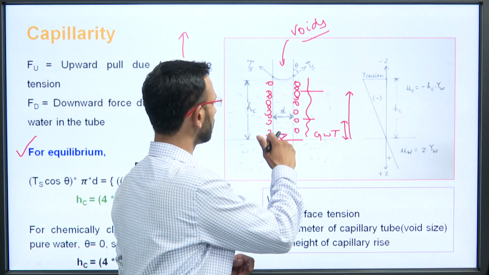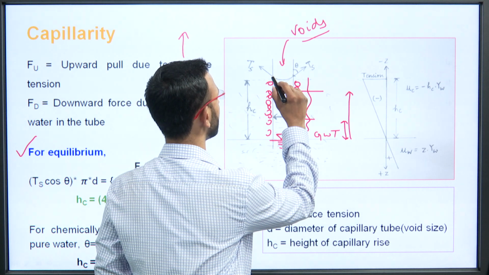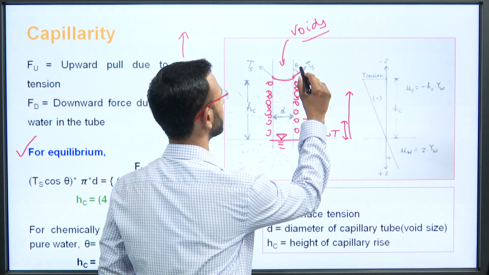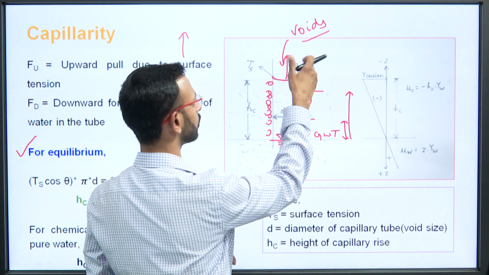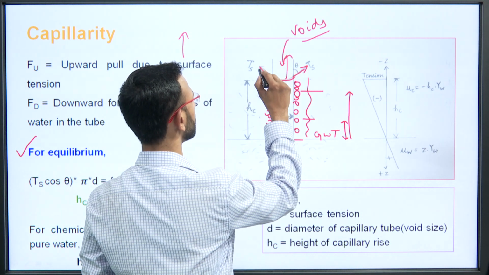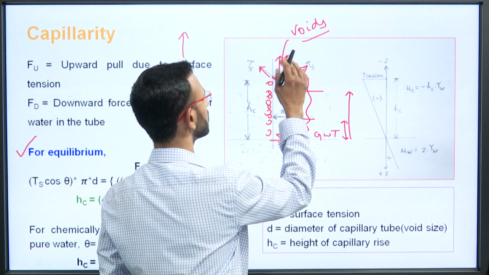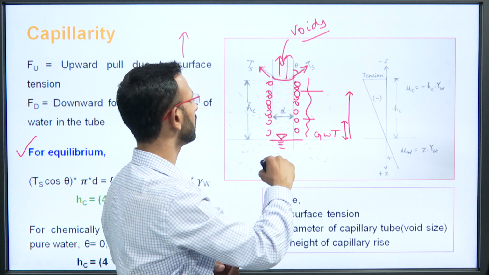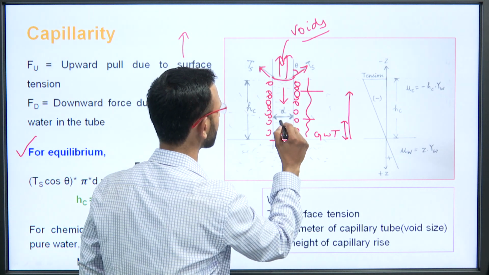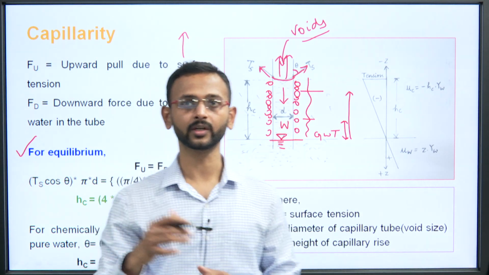Now if we take the surface tension here at the surface, this is Ts, we take the vertical component of this surface tension force, acting at an angle of theta, and the weight of the water which is acting downward. So we will be taking these two forces.